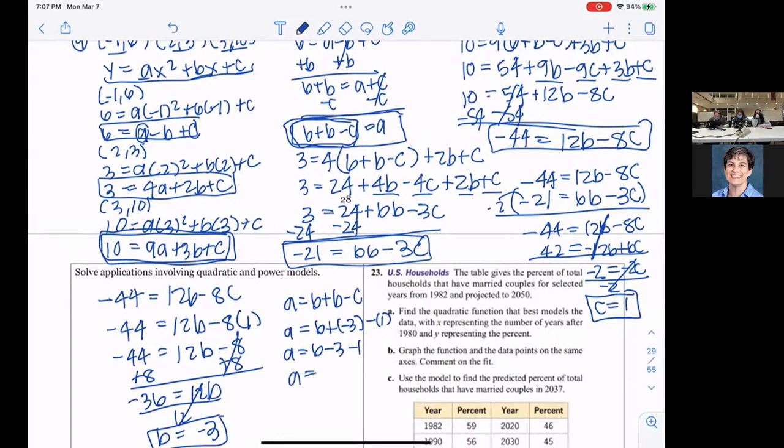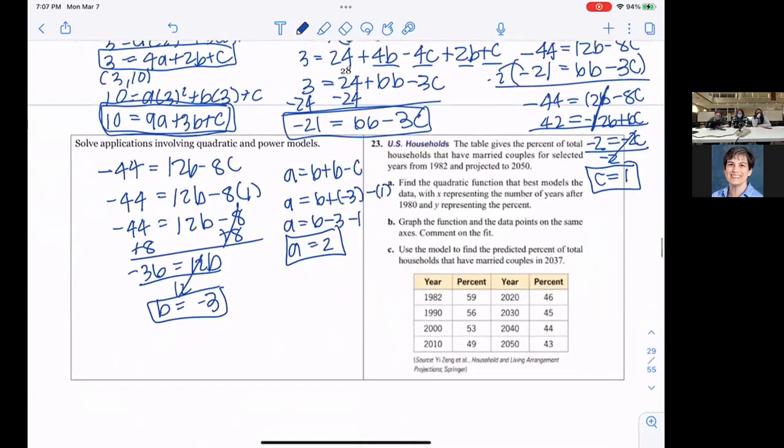So A equals 2. And so plugging that back into our original equation, we have Y equals 2x squared minus 3x plus 1.